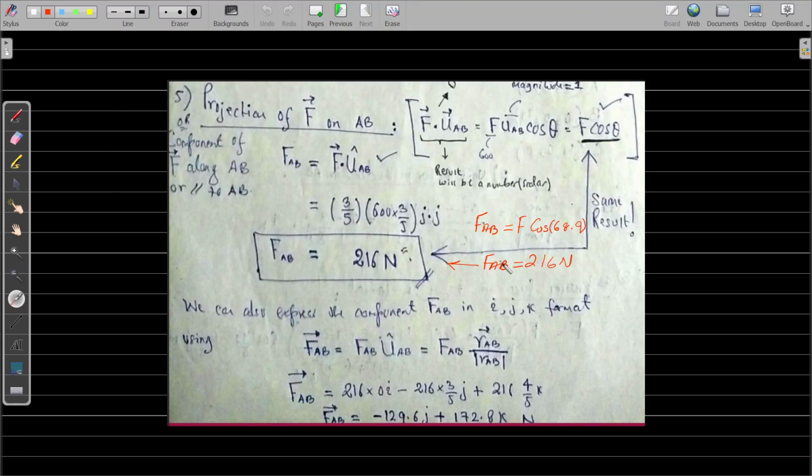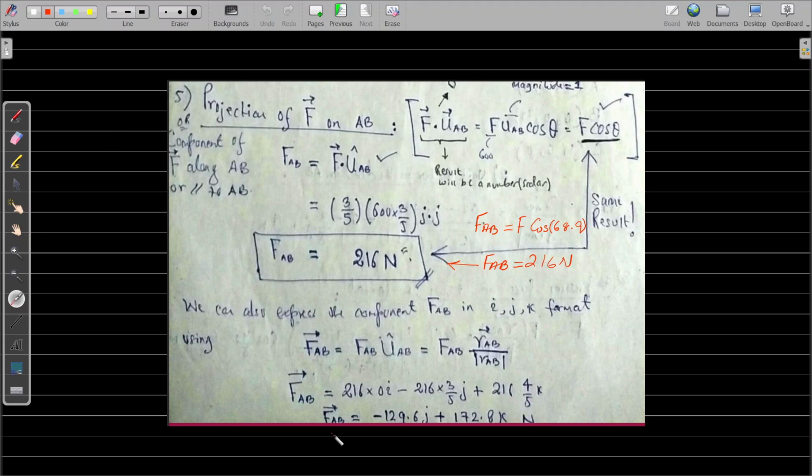So basically we will multiply FAB with UAB. FAB magnitude is 216 into 0 i of UAB, and then minus 216 into 3 upon 5 j plus 216 into 4 upon 5 k.